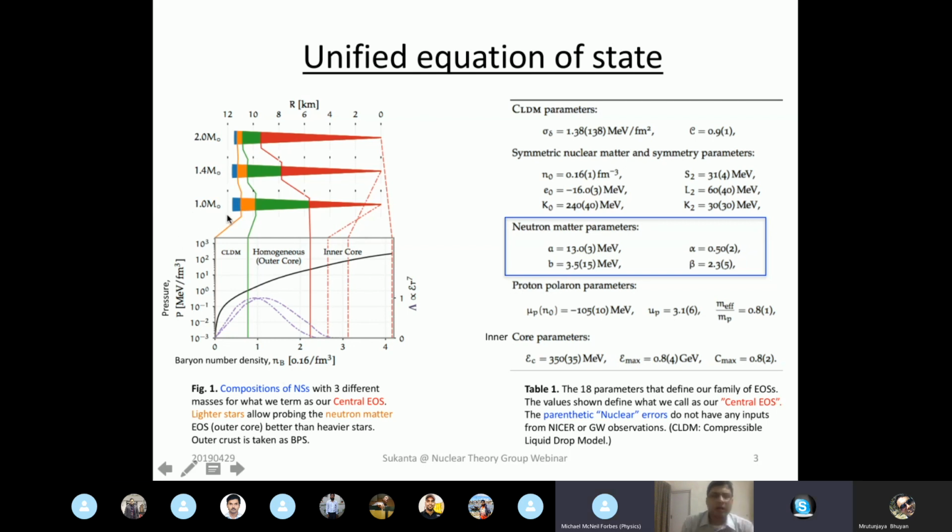In principle, you can take our full equation of state parameterization and maybe build a population of several low mass stars and see how accurately you can measure. But then it will really be trying to measure CLDM parameters more than anything else. While you may do that, our physics inputs really were more in this region than there. This physics is already known. We borrowed it from somebody else.